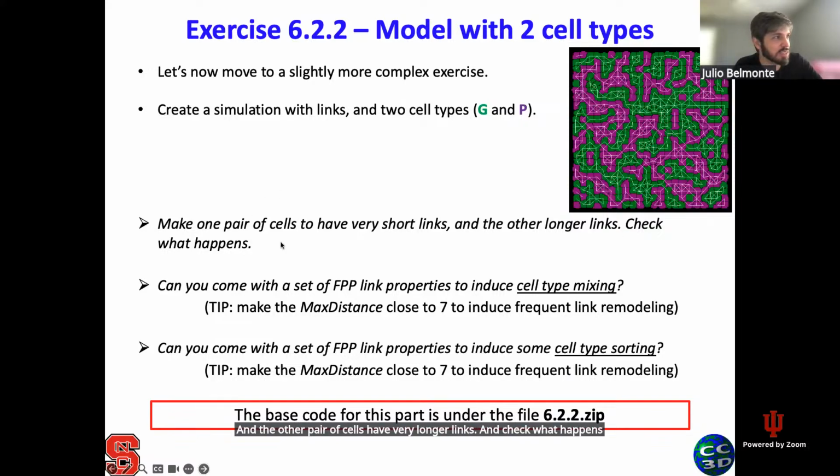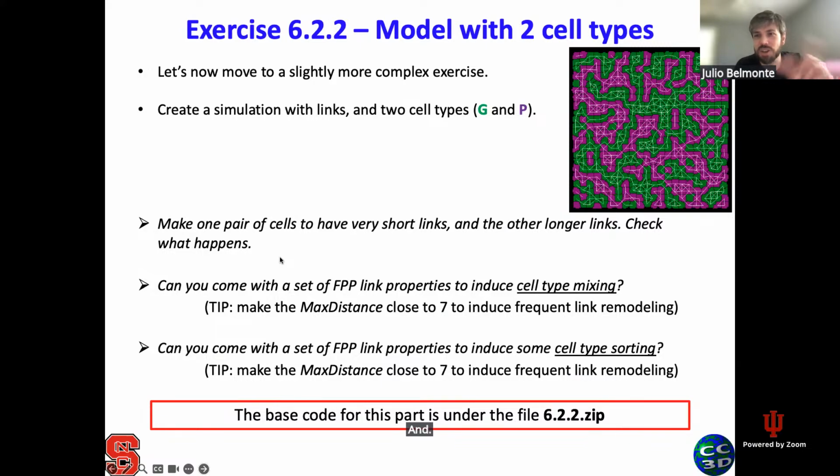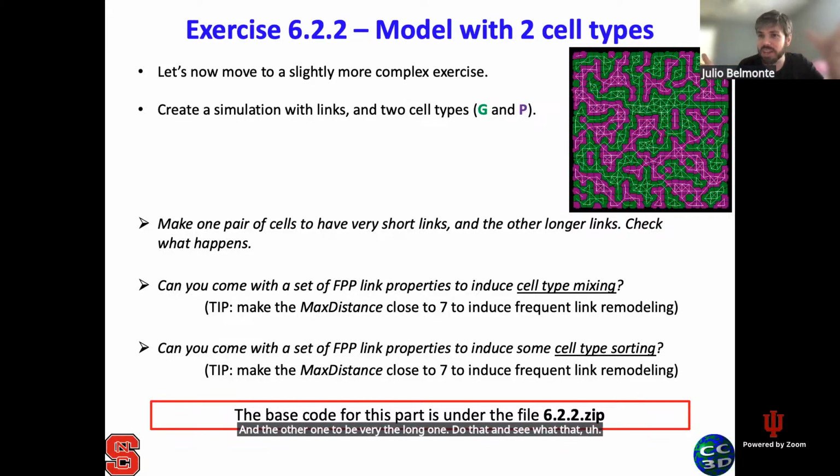Try this first, and select either green or purple to be the short one, and the other to be the long one. Do that and see how that looks. Please do the first one and show in the chat a snapshot of our simulation.